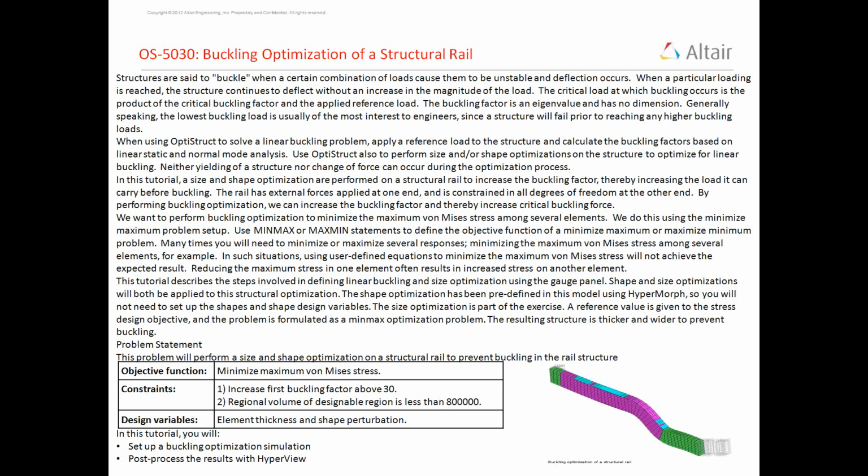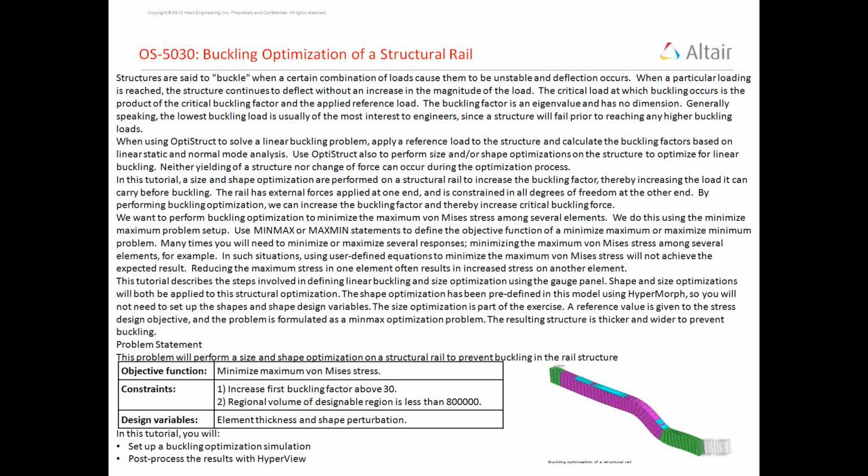The critical load at which buckling occurs is the product of critical buckling factor and the applied reference load. The buckling factor is an eigenvalue and has no dimensions. Generally speaking, the lowest buckling load is usually of the most interest to engineers, since a structure will fail prior to reaching any higher buckling loads.